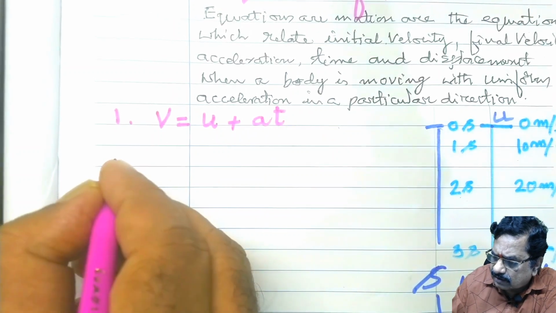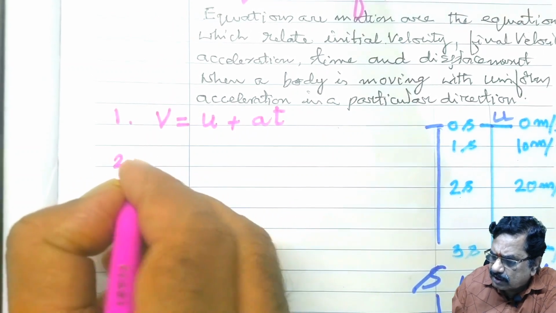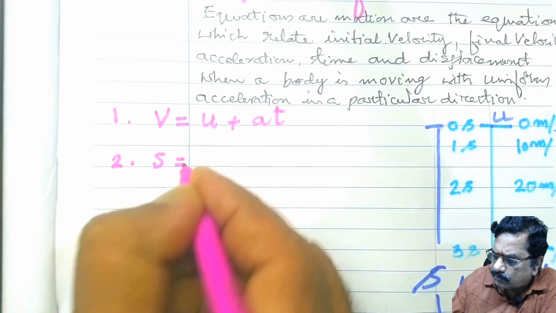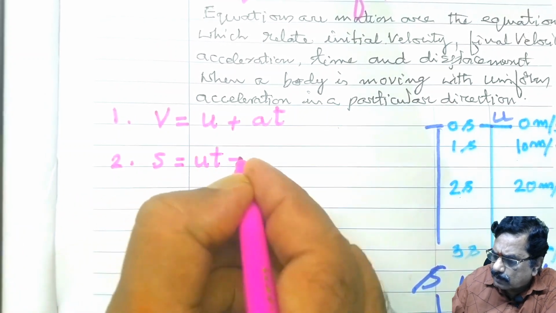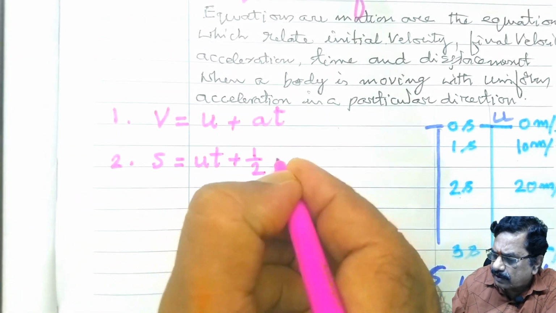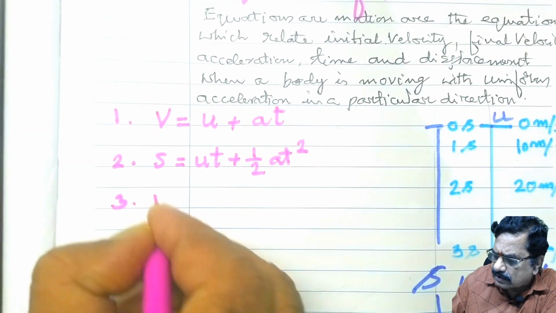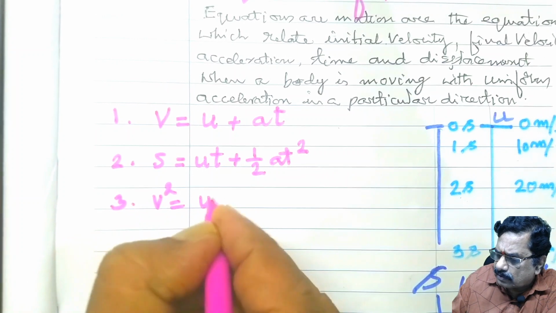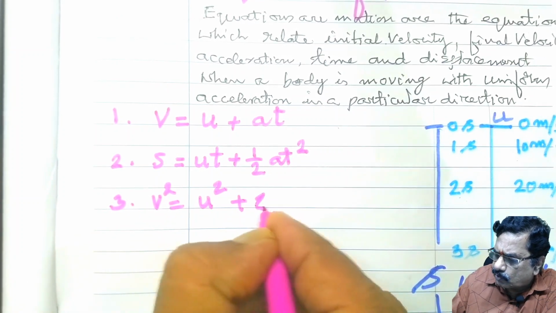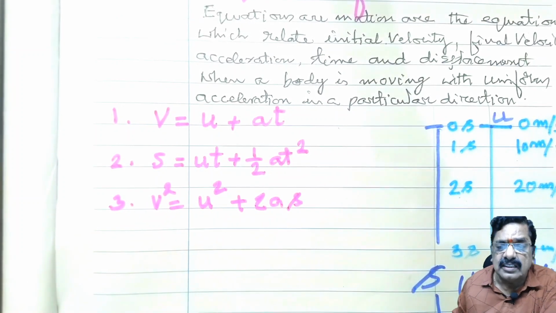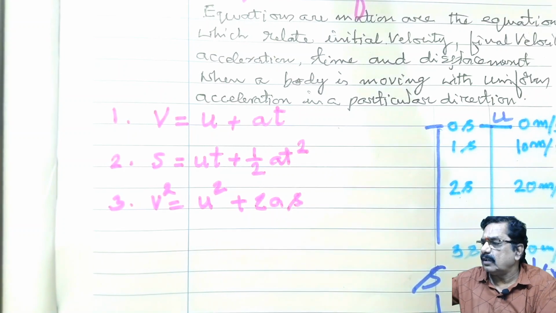Second equation is S is equal to UT plus half AT square. Third equation is V square is equal to U square plus 2AS. These are the 3 equations.